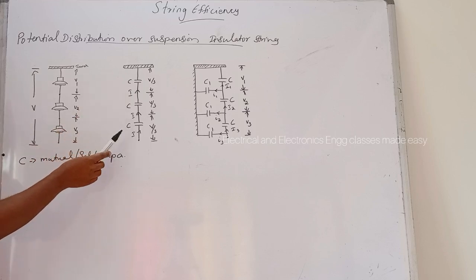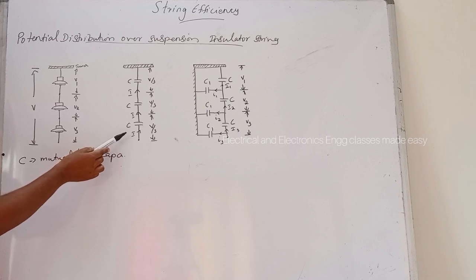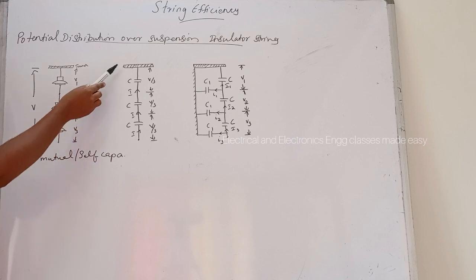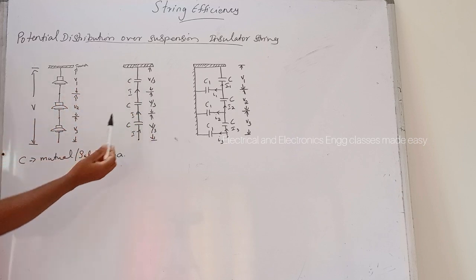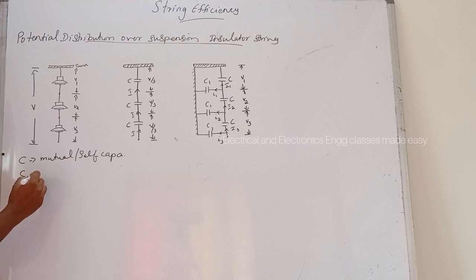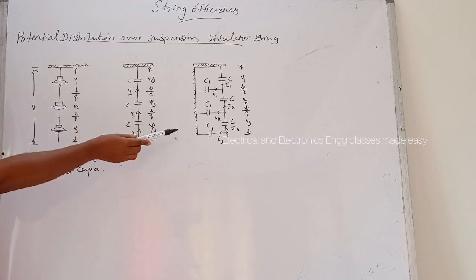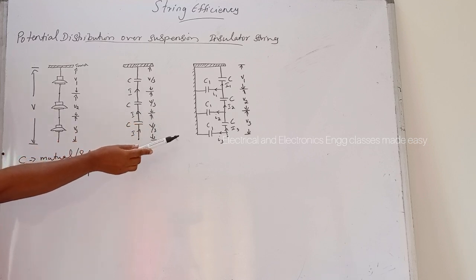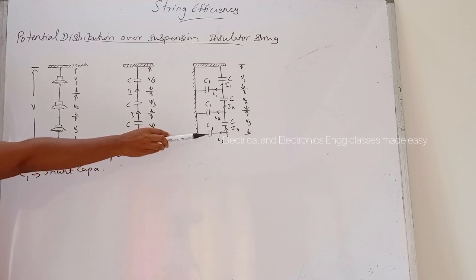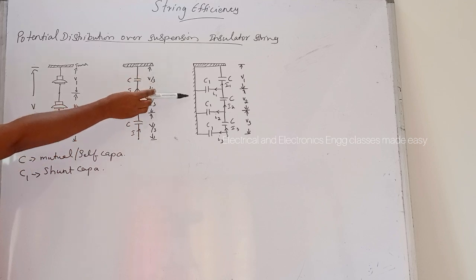But in actual practice, capacitance also exists between the metal fitting of each disc and tower or earth, and this is known as shunt capacitance C1. So C1 is known as the shunt capacitance.